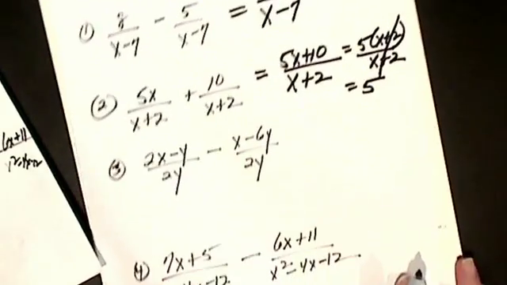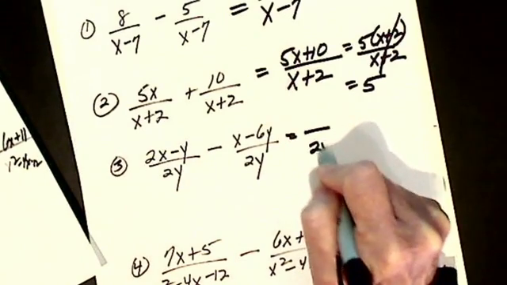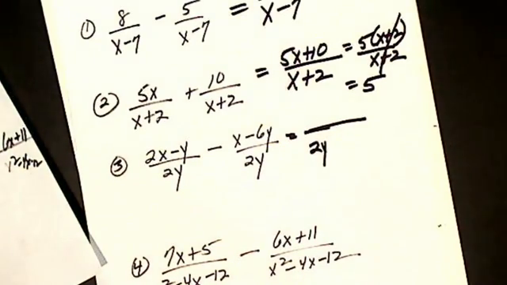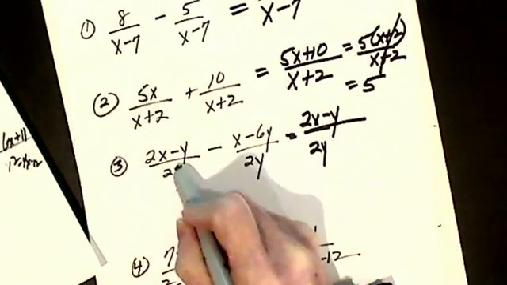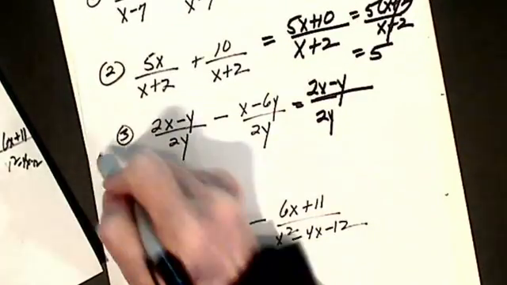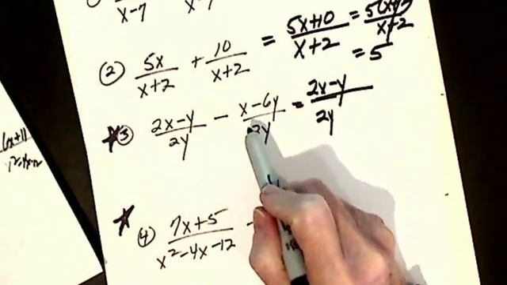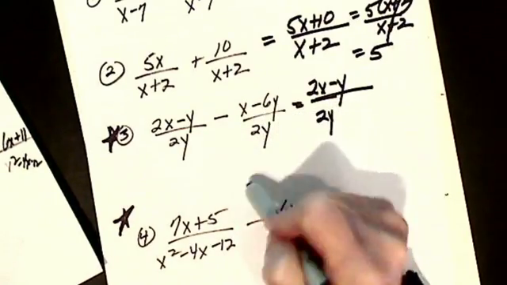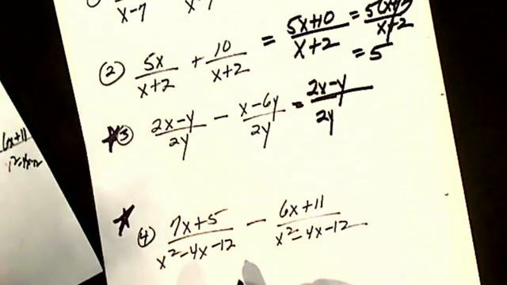All right, 2 more. My common denominator, 2y. Combine like terms. So I have 2x minus y from here. But now, this is a big deal. I'm going to put 2 stars. This minus is minus the entire fraction. But when we work inside a problem, I think of it in the numerator always.